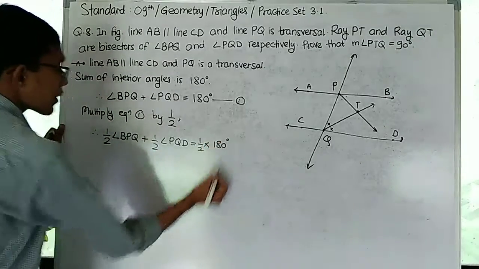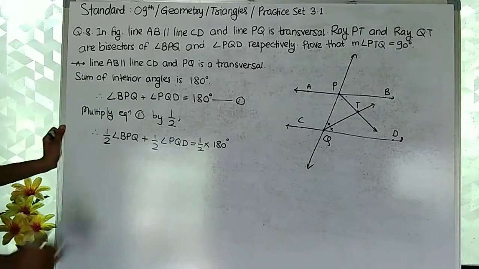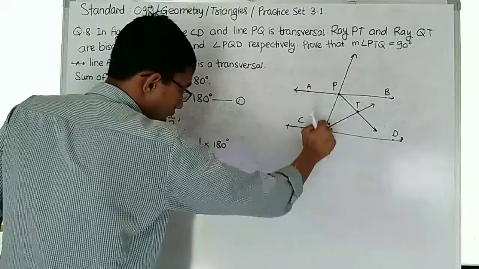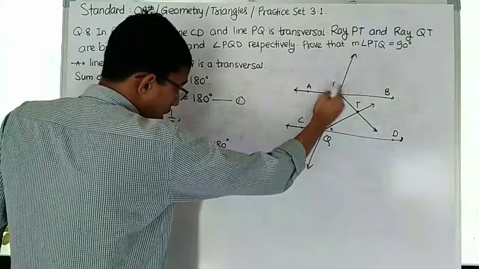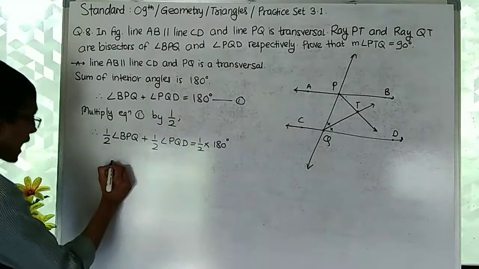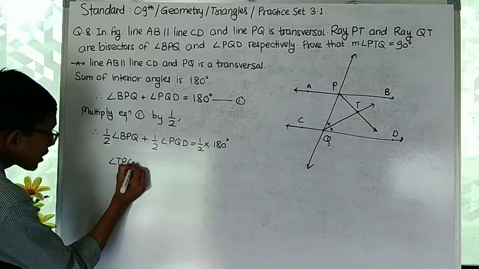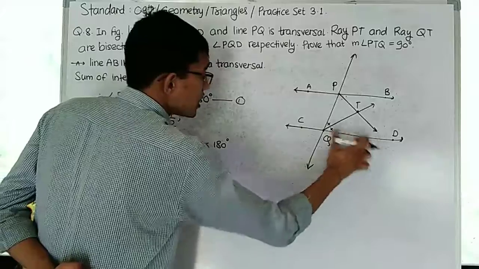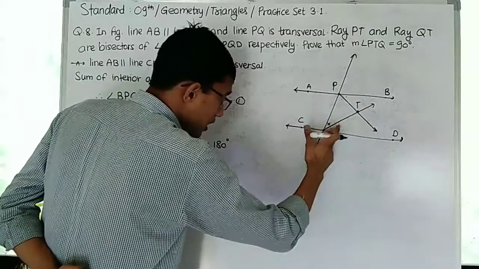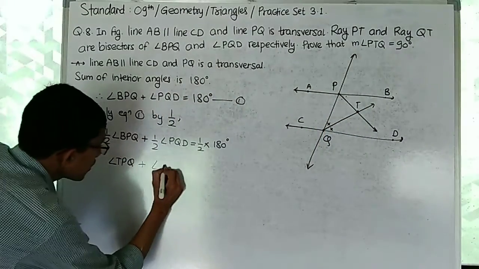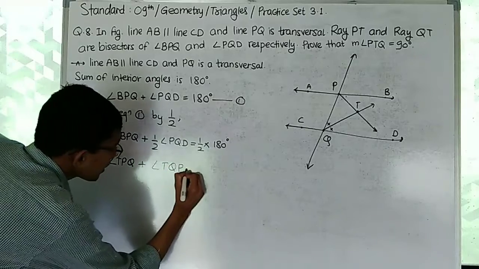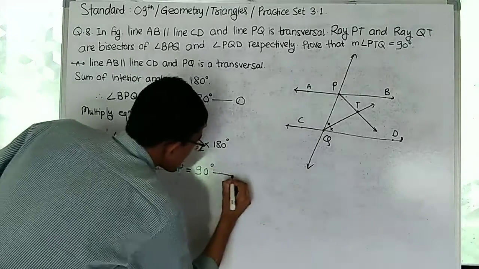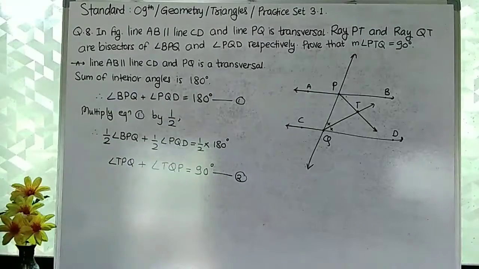Now half of angle BPQ is nothing but angle TPQ, so I can write angle TPQ plus half of angle PQD, which is nothing but angle TQP, is equal to half into 180, which is nothing but 90 degrees. This is my equation number 2.